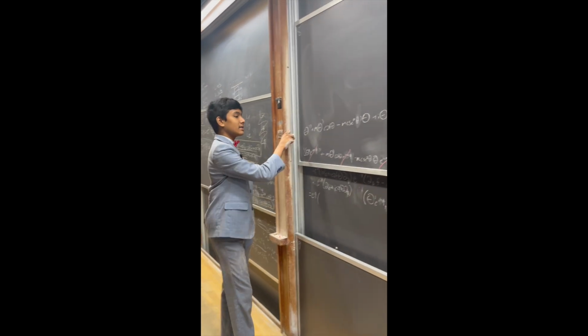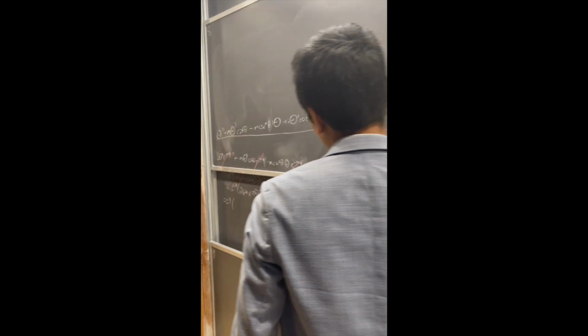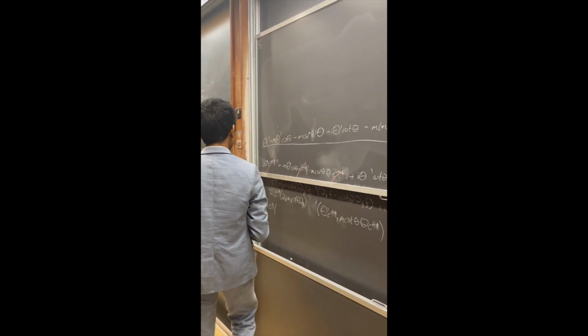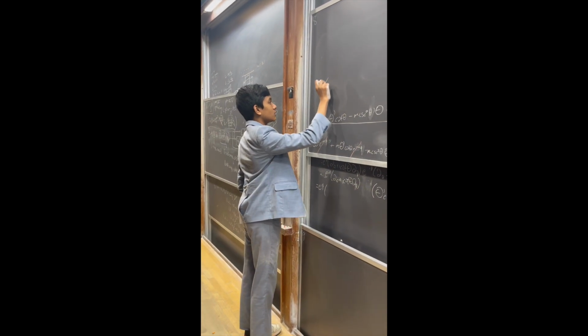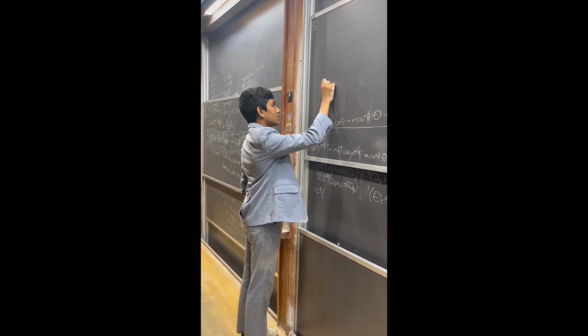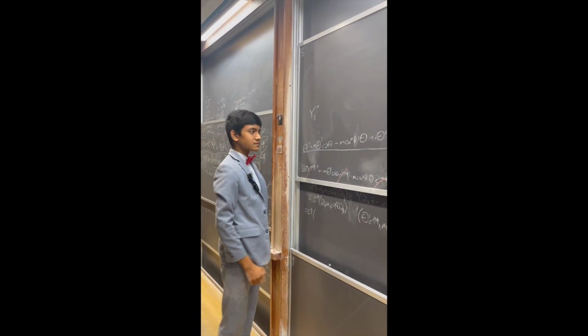I want to comment on the remarkable fact that this thing, when you multiply it by sine squared theta, is exactly the equation solved by the spherical harmonic. This guy from when we were solving the radial Schrodinger equation.